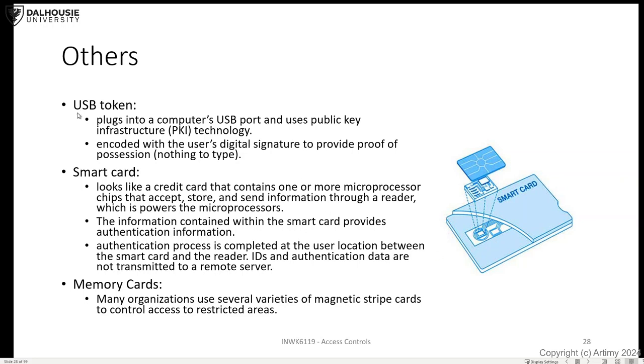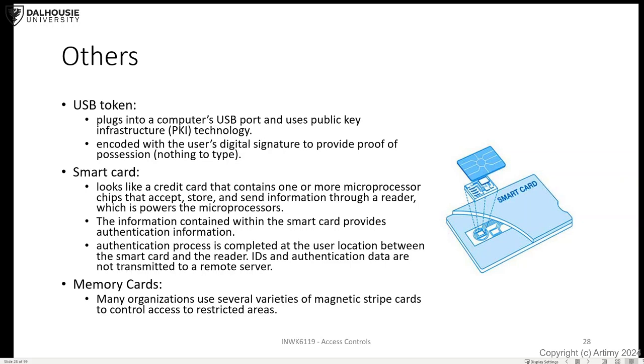You can also use a USB as a token. So if you want to access a certain application, you insert a USB, and the USB uses public key cryptography, for example, or a digital signature or something like that to authenticate. There are also cards with magnetic strips. You're probably familiar with those.